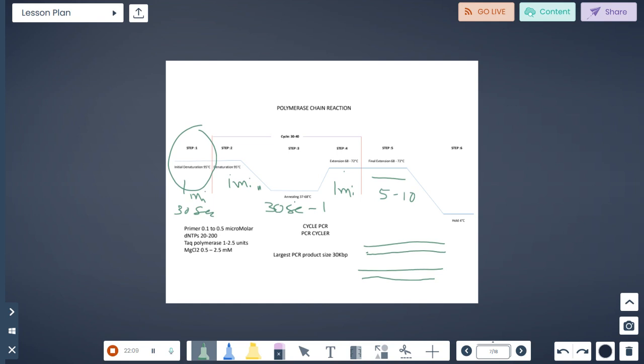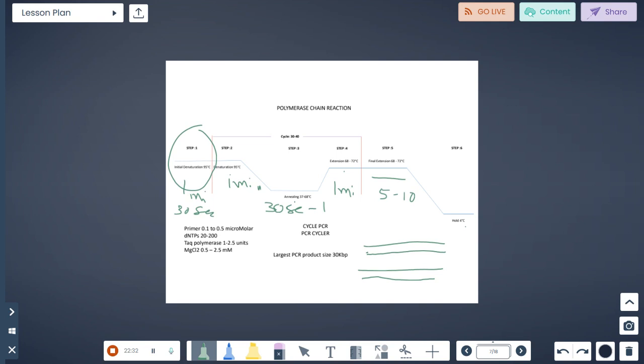Then after the final extension is over, you are cooling the PCR product to 4 degrees centigrade. You can keep this for either 10 minutes, or you can keep it infinity. But infinity is normally not recommended, because it may damage the PCR wells because of condensation of water.